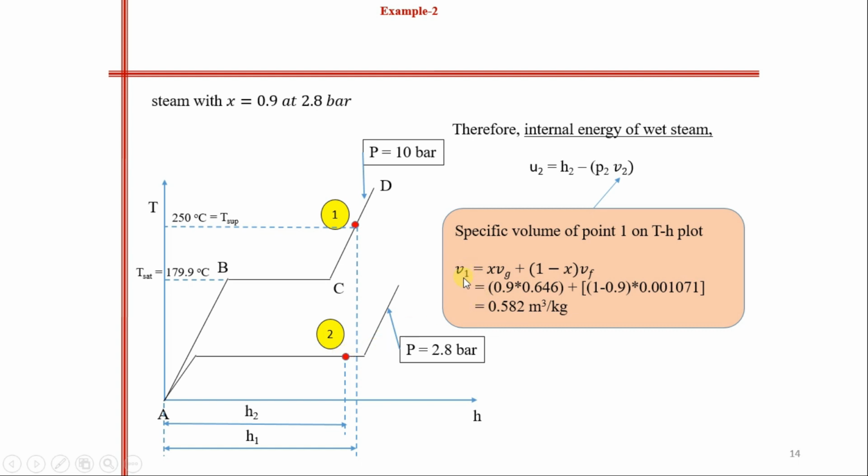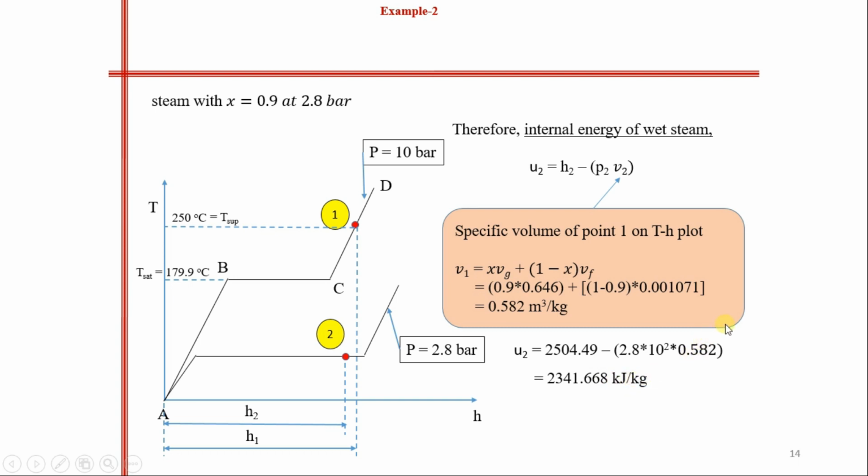It will be V2, not V1. V2 = xVg plus (1 minus x)Vf. Use the values of Vg and Vf corresponding to 2.8 bar pressure. So consider this as V2, not V1.